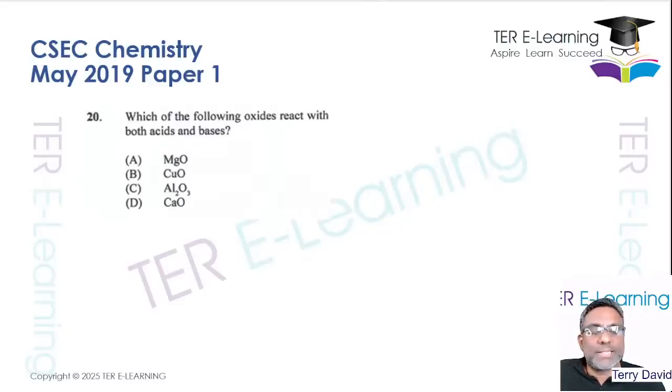Okay, people saying the answer is C. So they're telling us, we have different kinds of oxides. So we have basic oxides, we have acidic oxides, we have amphoteric oxides, and we have neutral oxides. If you have an oxide that reacts with both an acid and a base, it's called an amphoteric oxide. So that's what we're talking about here.